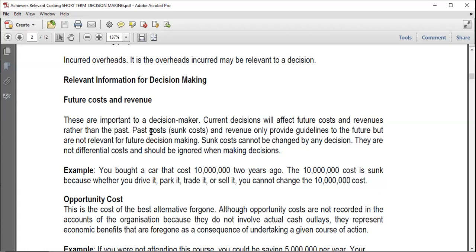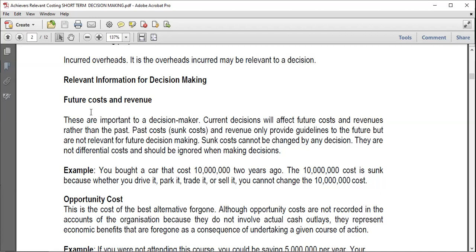What revenue is coming in? Like the order I've just given you, for example, somebody who wants you to supply 300 cakes at a given value of, let's say, 40,000. You also have to look at how much is coming in vis-a-vis the relevant costs that you're going to incur in that case. You get it?